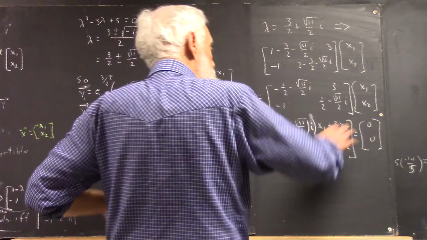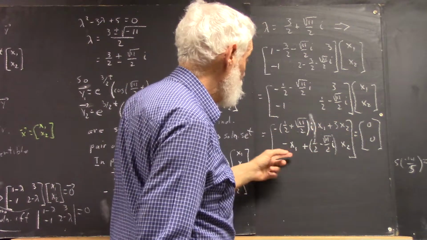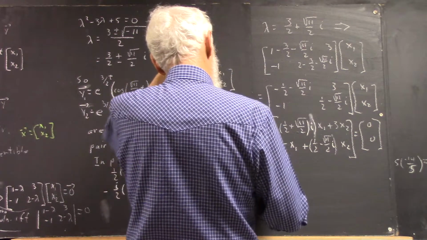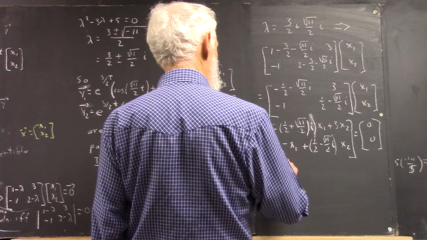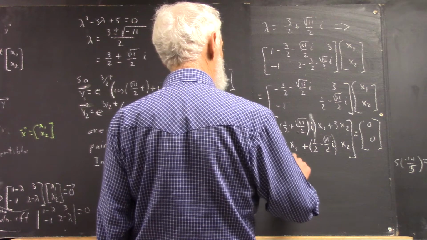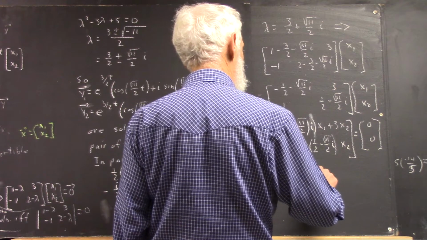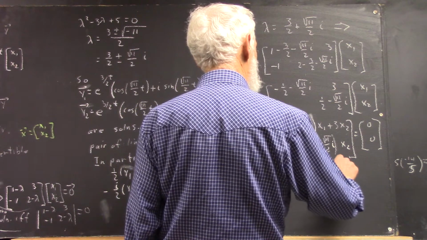But just taking our first equation on faith that it's right, and if it is, the second equation will give us the same thing, I get negative 1/2 plus the square root of 11 over 2 i, times x1, equals negative 3x2.